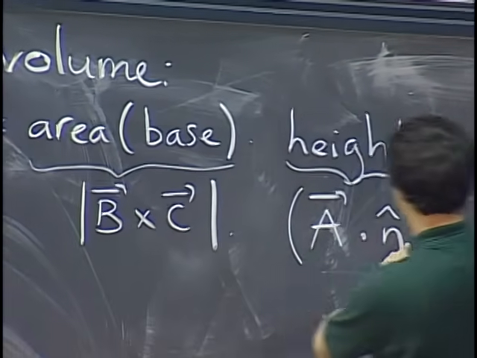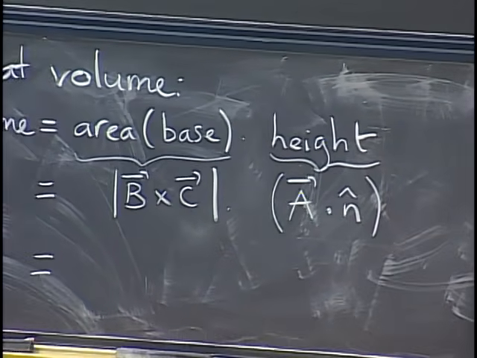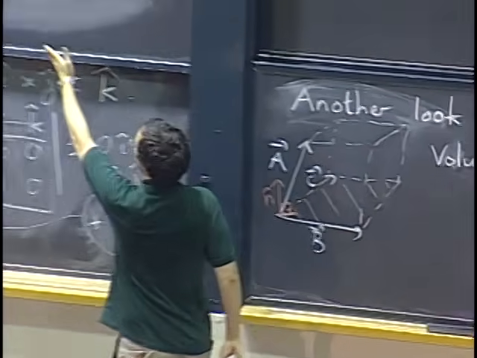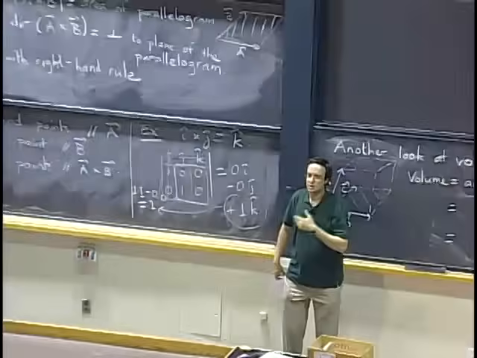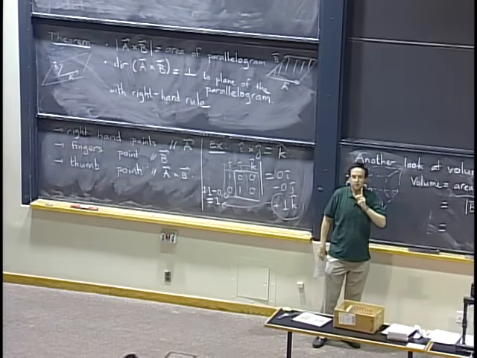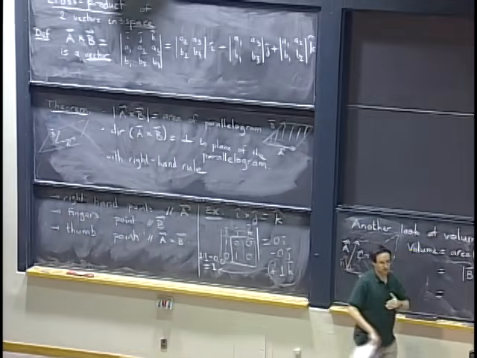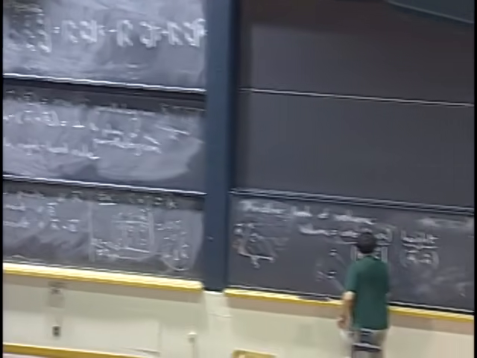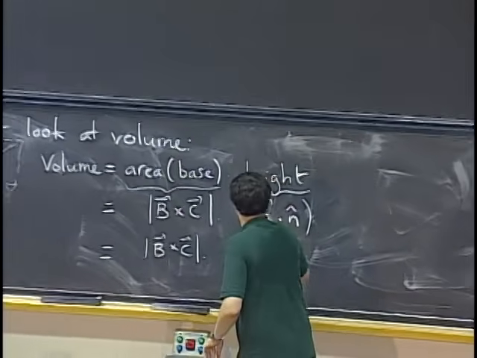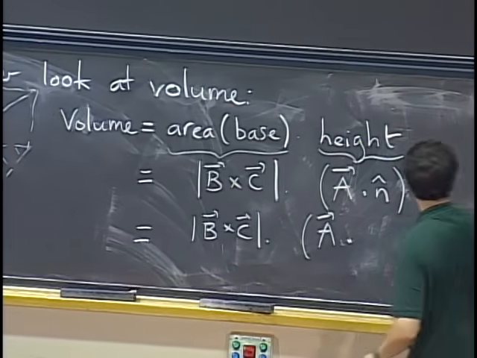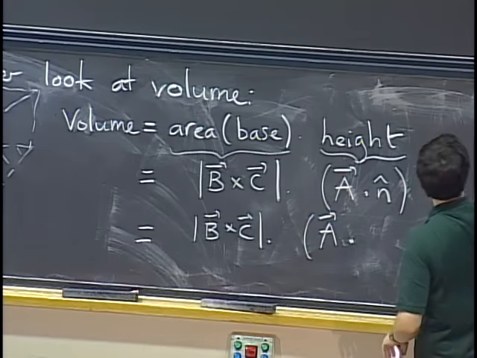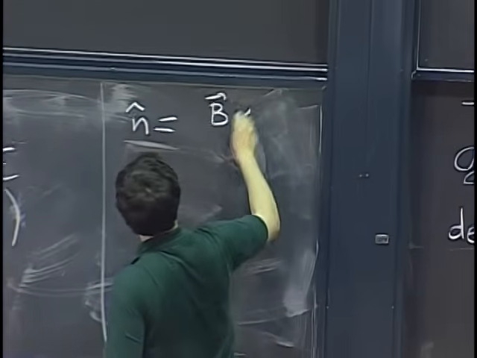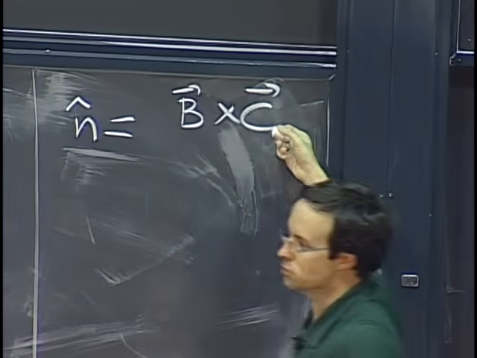So let's think about this vector n. How do I get it? Well, I can get it by actually using cross product as well. Because the direction perpendicular to 2 vectors I can get by taking the cross product and looking at that direction. So this is still length of B cross C. And n can be obtained by taking B cross C, well, that points in the right direction, but it's not a unit vector.